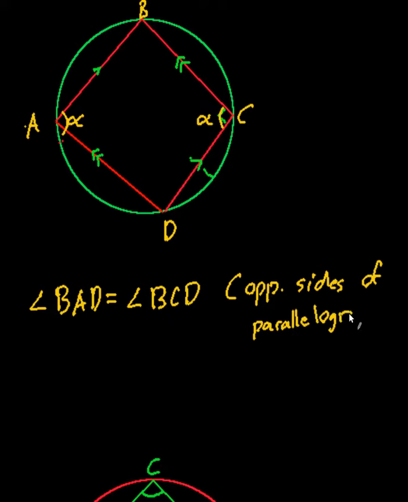Okay, so let's call this alpha. And I also know that this angle over here, angle BAD, has to be equal to 180 minus angle BCD.